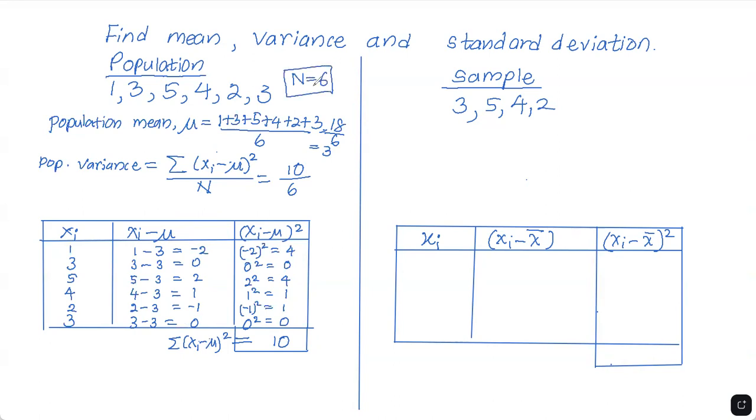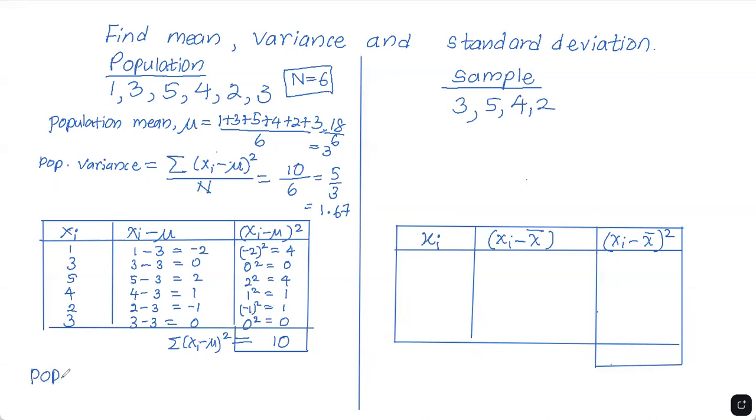And 10 divided by 6 is 5 over 3, which is 1.67. Okay, so that is your population variance.